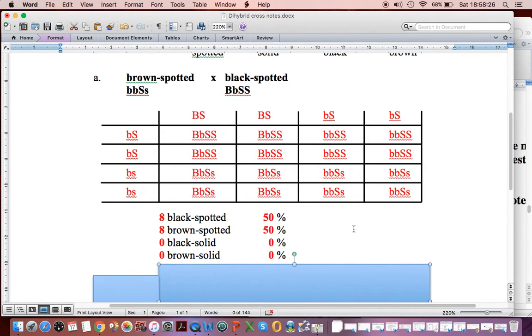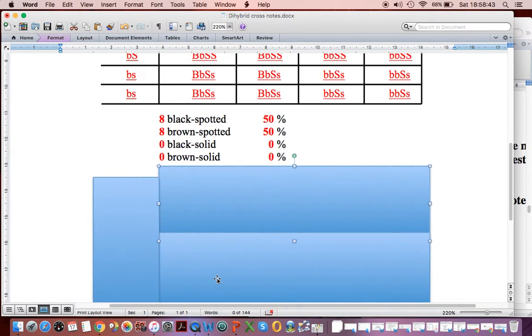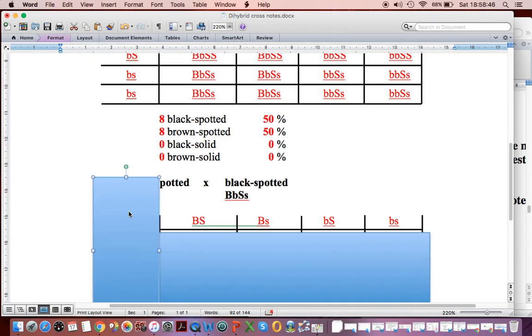And what we get are 8 black spotted, which is 50%, 8 of 16. 8 brown spotted, 50% chance of those. 0% chance of black solid, and 0% chance of brown solid. So that one is done.